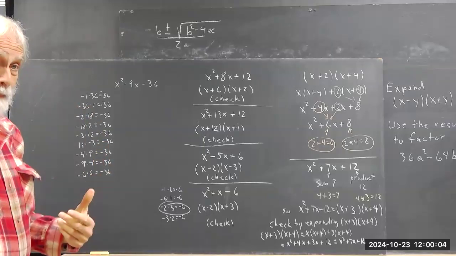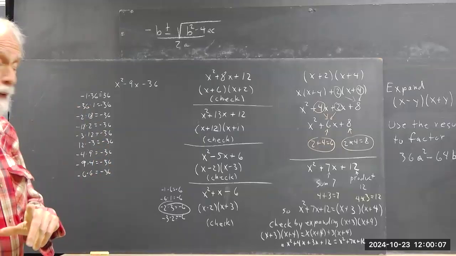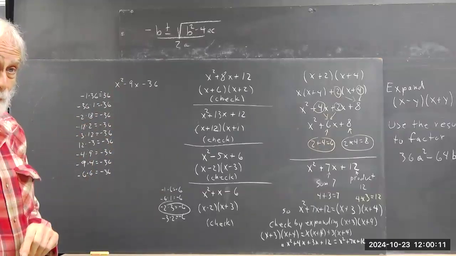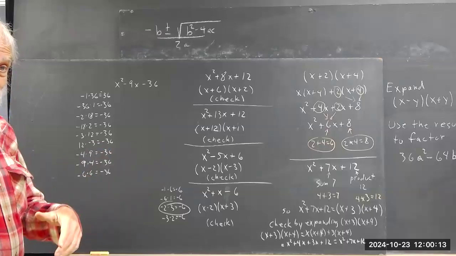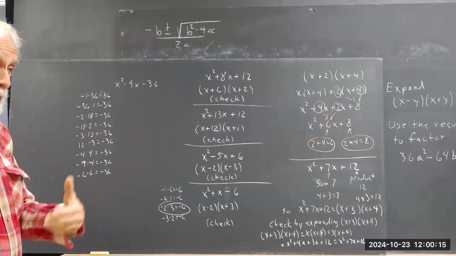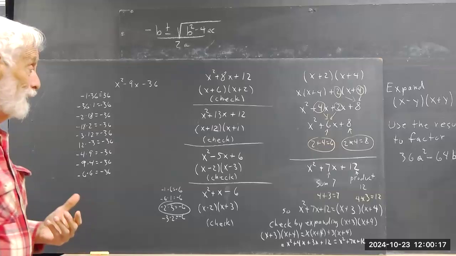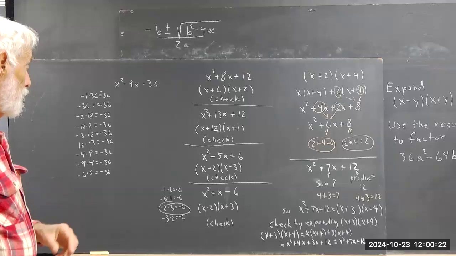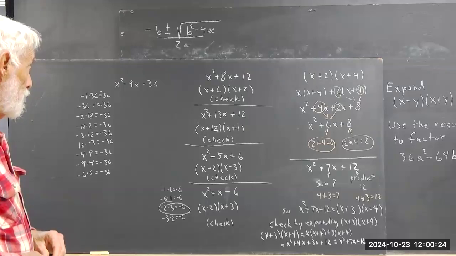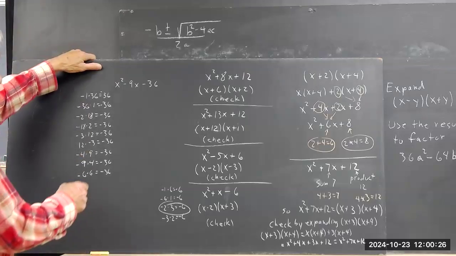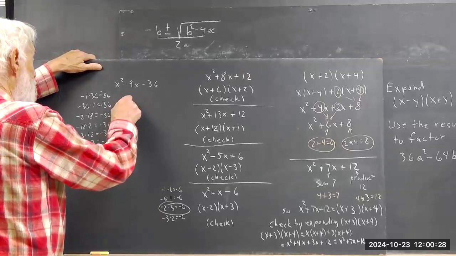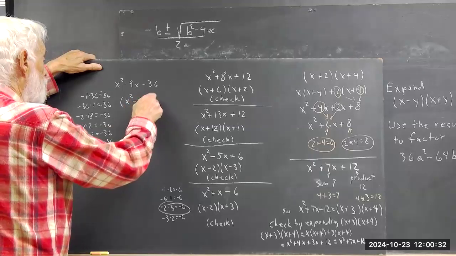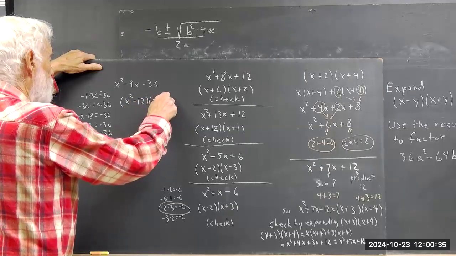3 and 12 is what works, because you can put 12 and 3 together and get 9, right? 12 minus 3, or 3 minus 12. Okay. So you then determine you're going to have x squared minus 12 times x plus 3.